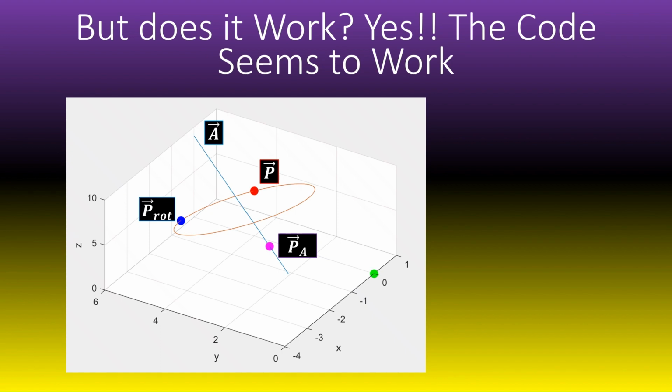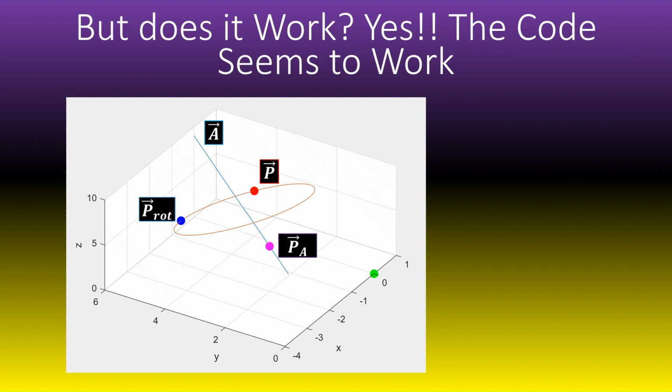And we see that the rotated point and the original point lie on the same rotation plane, because that circle right there in orange is a circle within the rotation plane that is perpendicular to the axis. So as you can see, the rotated point is clearly a rotation of p around the axis.